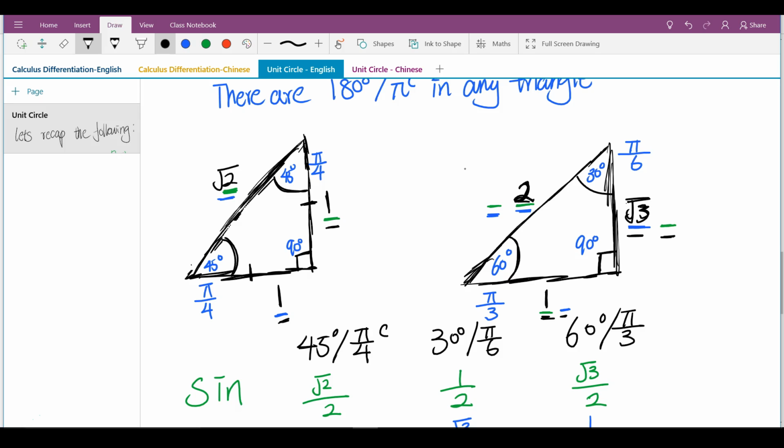So we can call these unit triangles, because that's the most basic form. Just like the unit circle, you can have a radius of 1 or a radius of 100 times 1. All these values 1, 1, √2 and 1, 2, √3 are all just ratios or proportions.